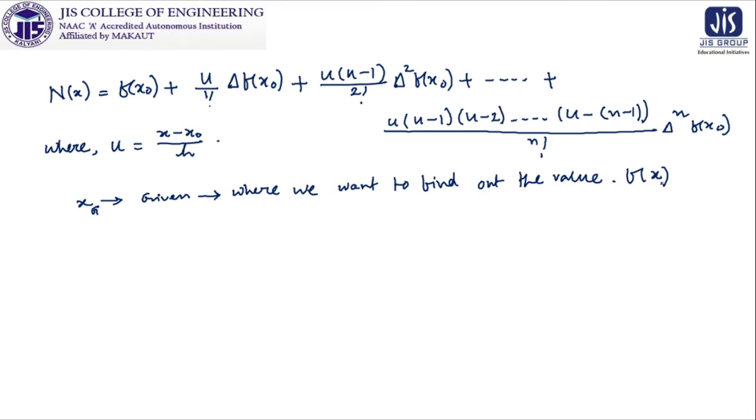So we want to find out f of xg, and obviously this xg is not included in x0 to xn, because if it is included, the value is known to us already because it is given. And what is h? h is the gap between two consecutive values of xi, because we are talking about equispaced data.